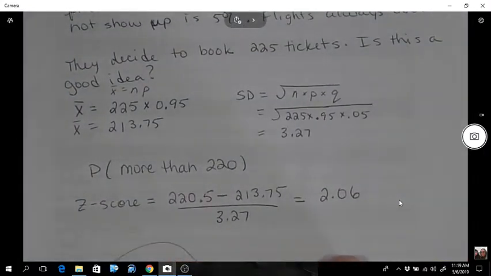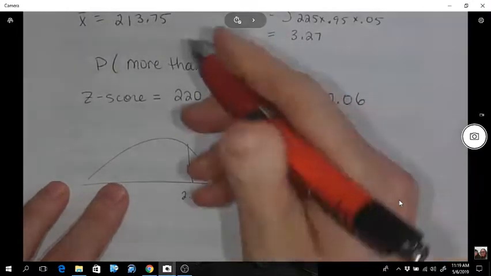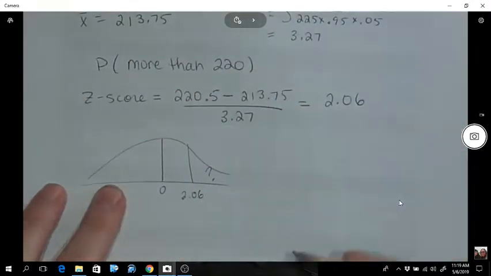Okay, so thinking about this, we want to know what the percent is. So we're going to look up on our chart.